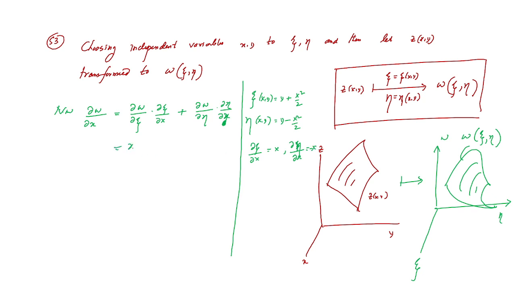So from that we can write del omega del x equals x del omega del xi minus x del omega del eta. Similarly, we will calculate del omega del y, which will be del omega del xi del xi del y plus del omega del eta del eta del y.